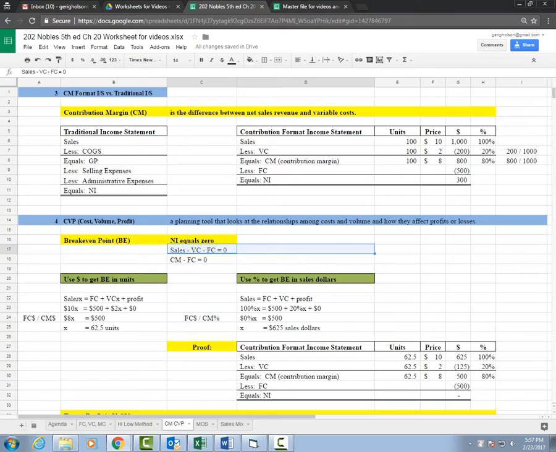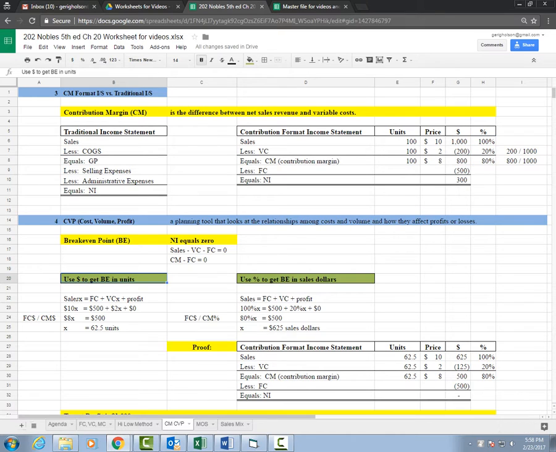Okay, if I want to know how many units it takes to sell to break even, I need to work with dollars. Contrary, if I want my answer in how many sales dollars do I need to break even, then I'm going to use percentages in my formula, and it's these percentages right here.